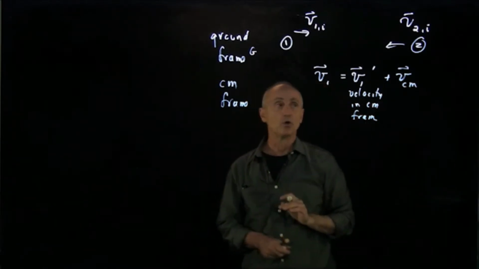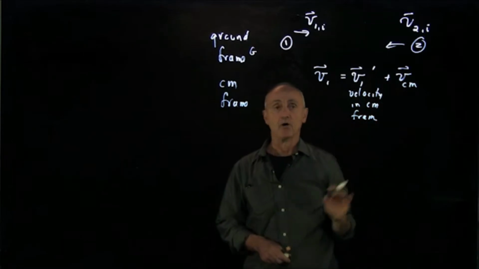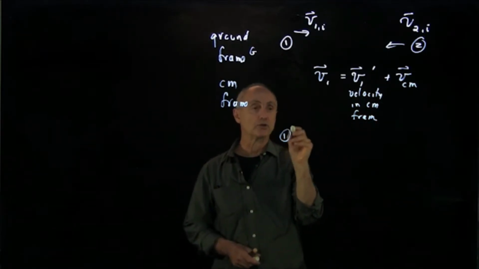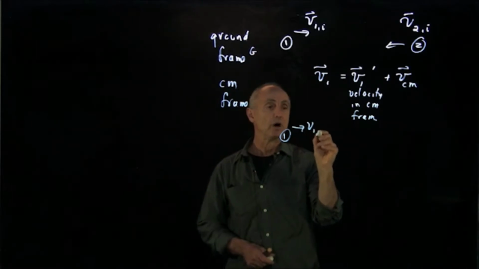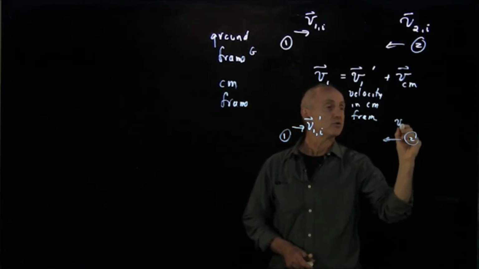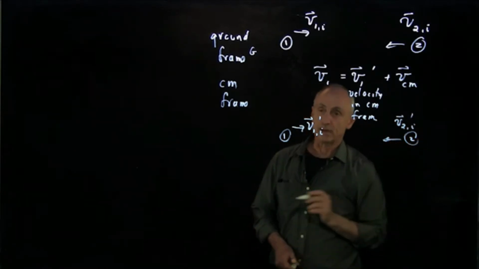So this was our rule for describing how velocities change in different reference frames. And so we can draw the picture in the center of mass frame, v1 initial prime and v2 initial prime.